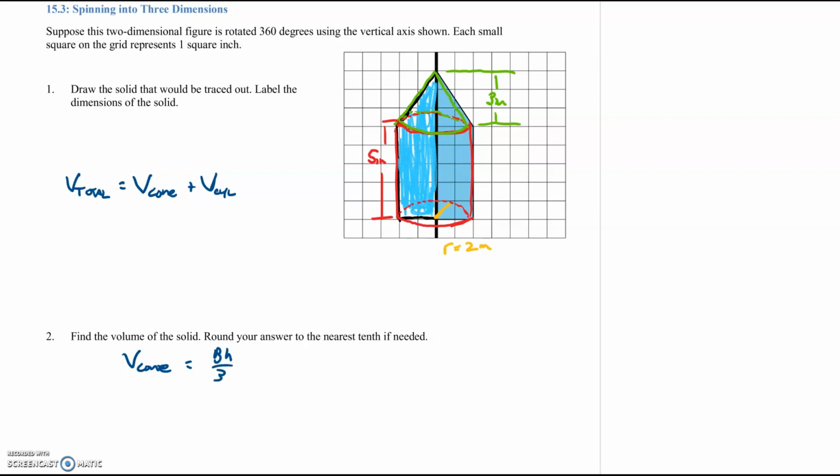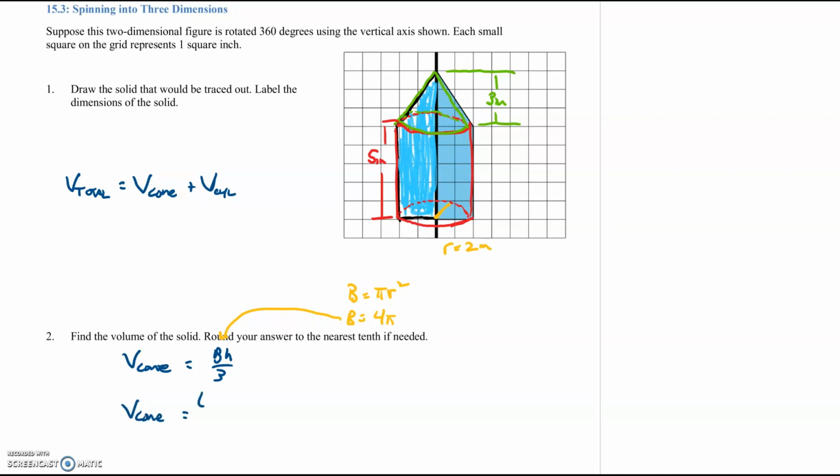Well, since the base here is a circle, I know the base is going to be pi times the radius squared. The radius is 2, so the area of the base is going to be 4 pi square units. That's going to be the area of the base. So then I'm going to be able to plug that right in. So I come over here, find the volume of this cone.